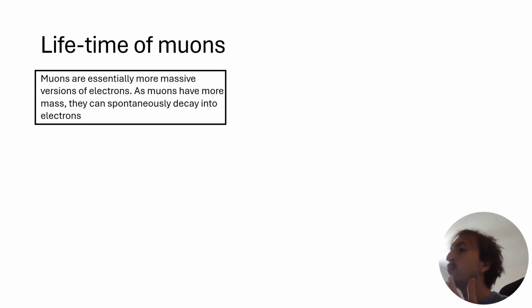So firstly, what is a muon? Well, in the standard model of particle physics, there are two types of matter particles. There's quarks, and quarks make up particles like neutrons and protons.